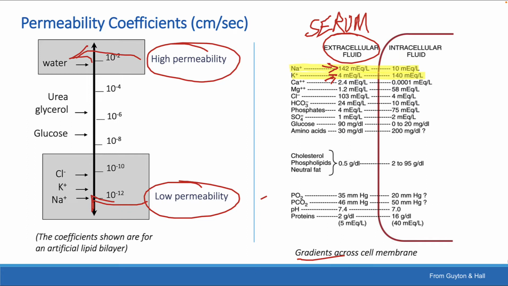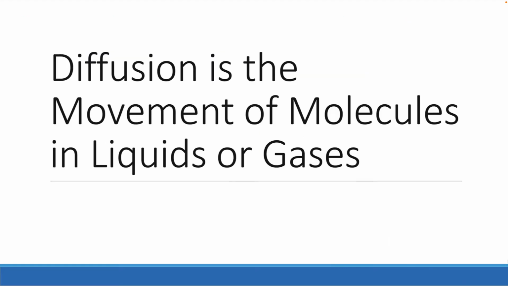But look on the intracellular side. This is almost entirely opposite, where the concentration intracellularly of sodium is very low, about 10, and the intracellular concentration of potassium, on the other hand, is very high. So the intracellular and extracellular concentrations of these two electrolytes that we're looking at here are almost entirely opposite across the cell membrane. And that's why we have an electrical potential. So we'll talk about that as well.